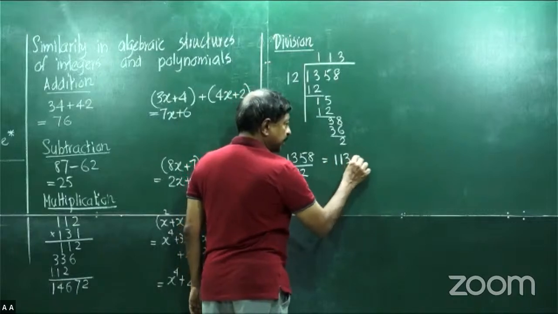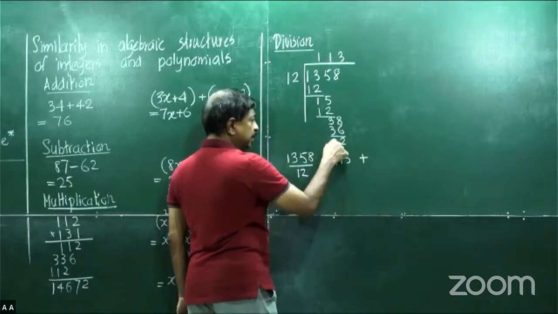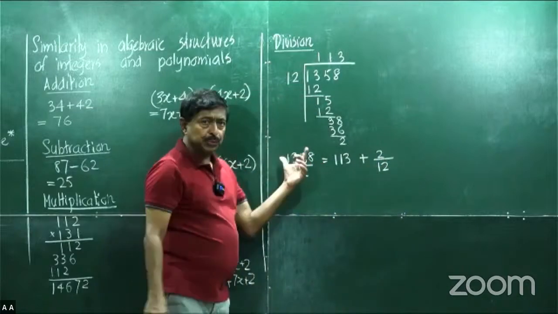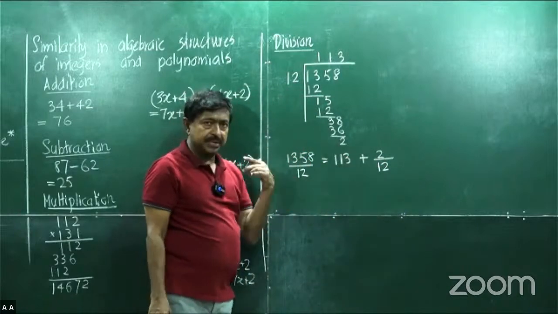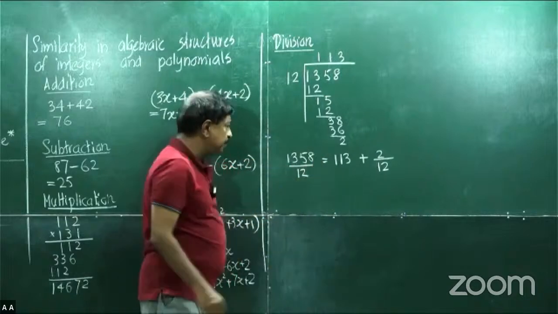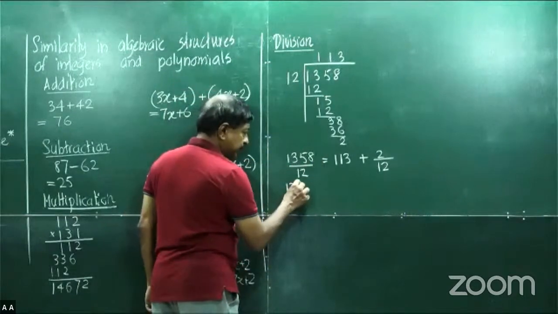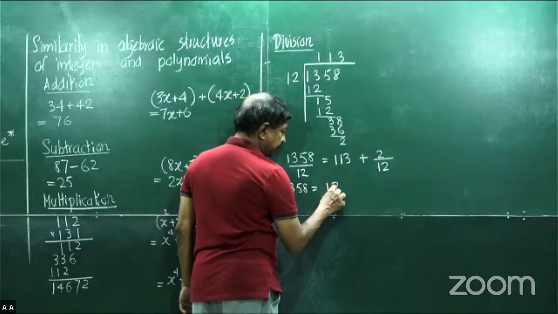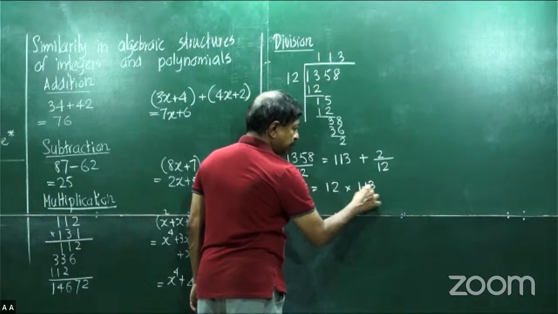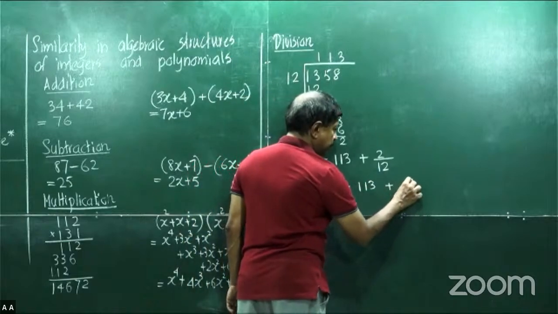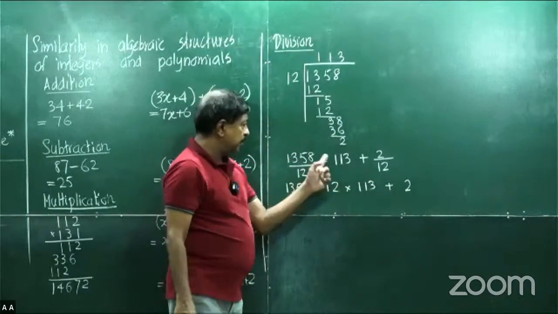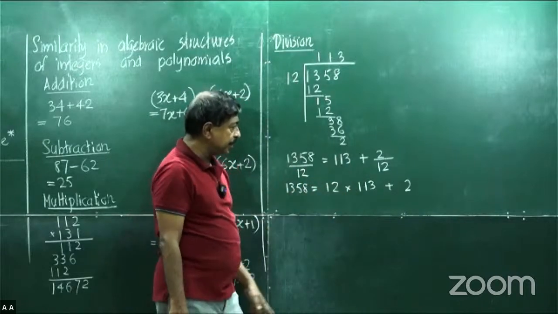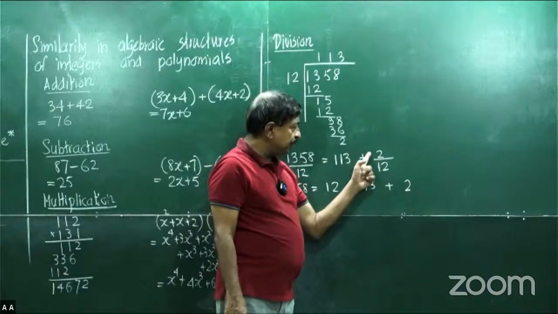Answer is 113 and the remainder is 2. Usually this is how you write the improper fraction like a mixed fraction. However, if you multiply this by 12, you will end up with this. When you multiply this by 12, you get 12 times 113. When you multiply this by 12, you get 2.